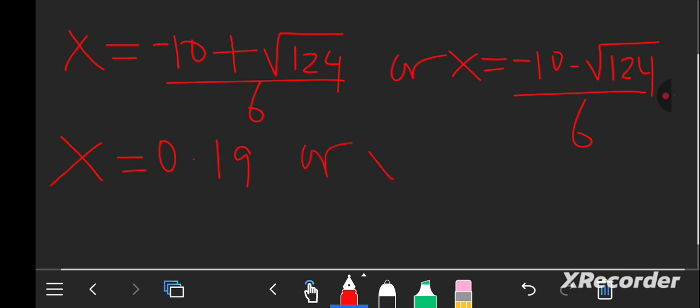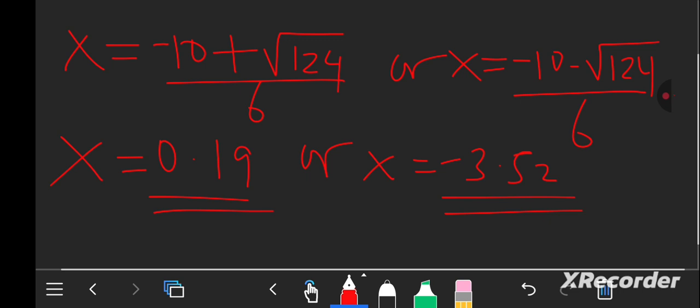Or x is equal to negative 10 minus square root of 124, then the answer divided by 6. This one is giving negative 3.52. When you get the values of x, substitute in that equation to find the value of y.